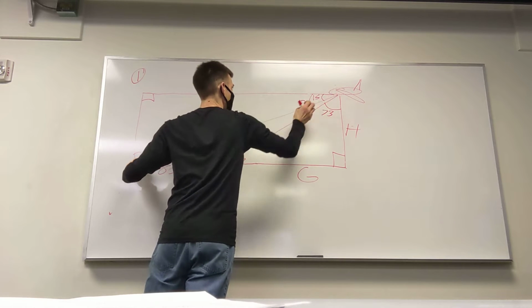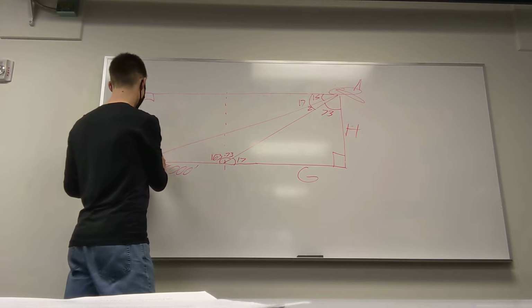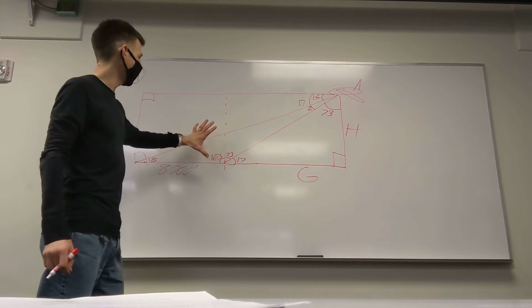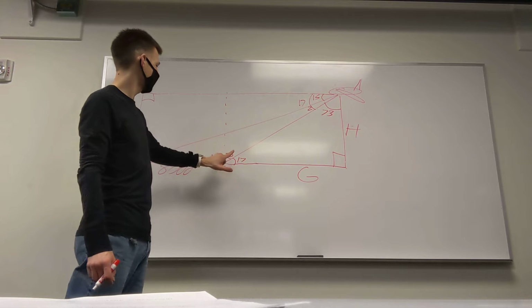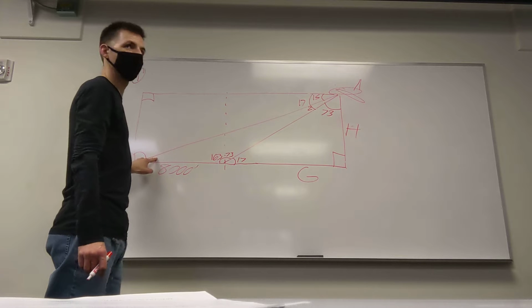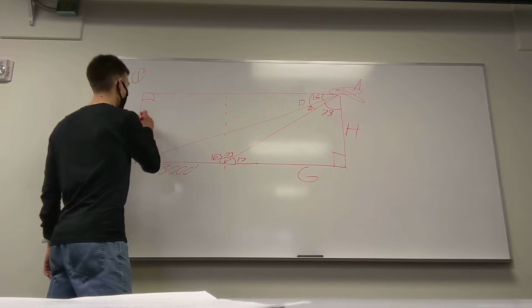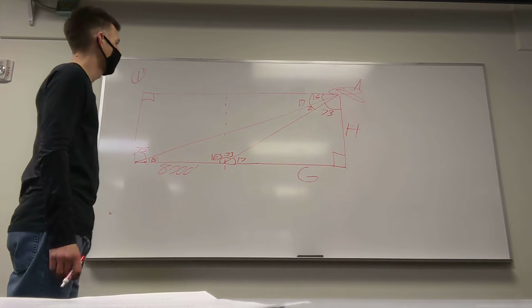And if this is 15, then that must be 15, right? Or you can go 180 minus 163 is 17, minus 2 leaves you with 15, right? So now we've got all these different angles and 75, 90, all that, right?